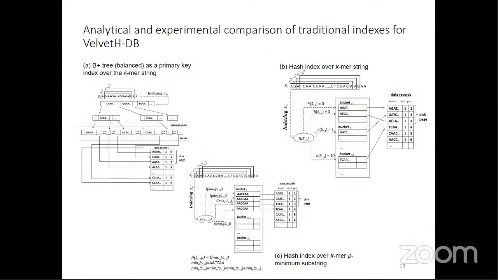The objective of the research was to evaluate the impact of different indexes for K-mers, like a B+ tree index using the K-mer string as primary key, also a hash index of the K-mer string, and finally a hash index of the K-mer's minimum substring.